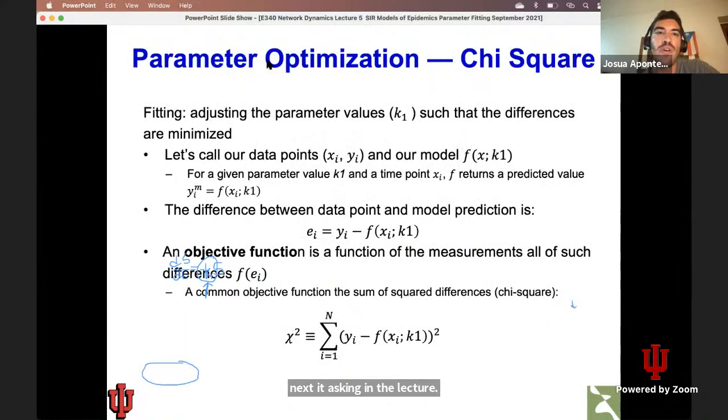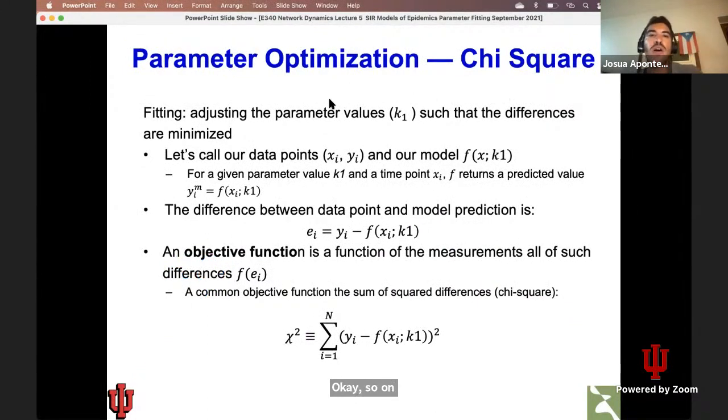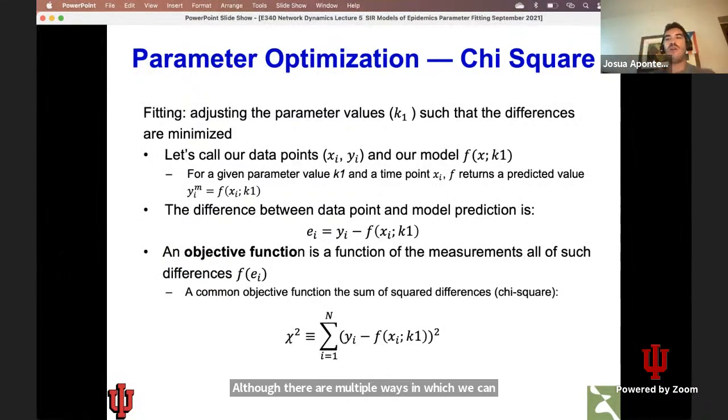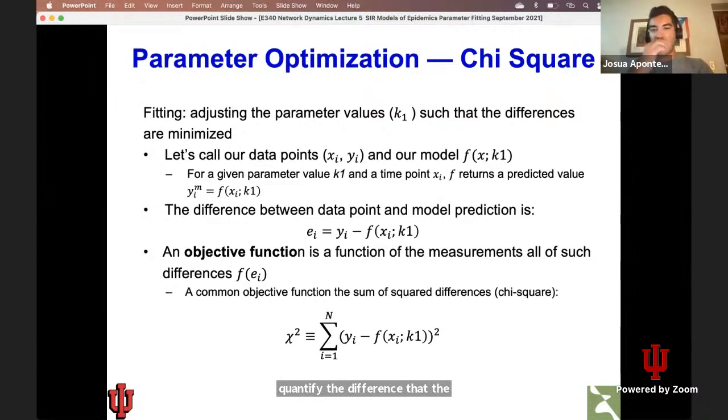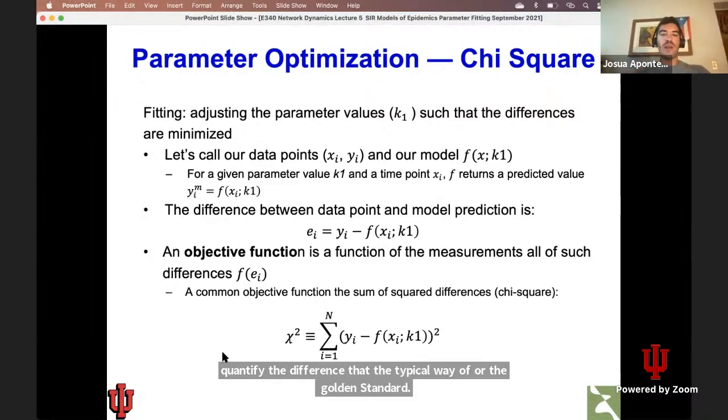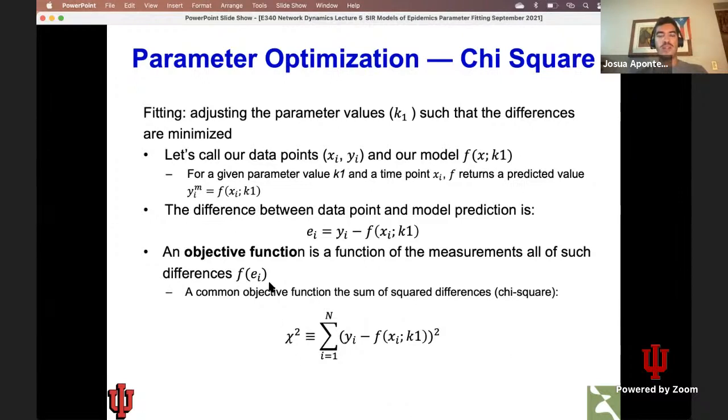Okay, so although there are multiple ways in which we can quantify the difference, the typical way, or the gold standard, to quantify the difference between model and experimental data using a single number is what's called chi-squared.